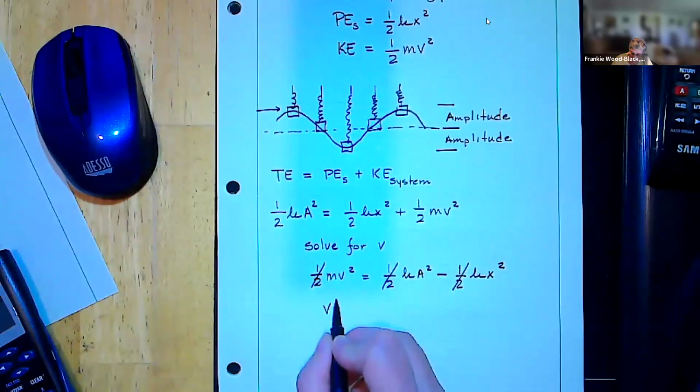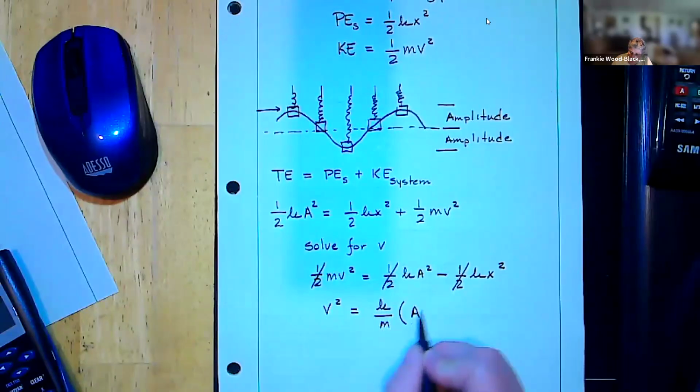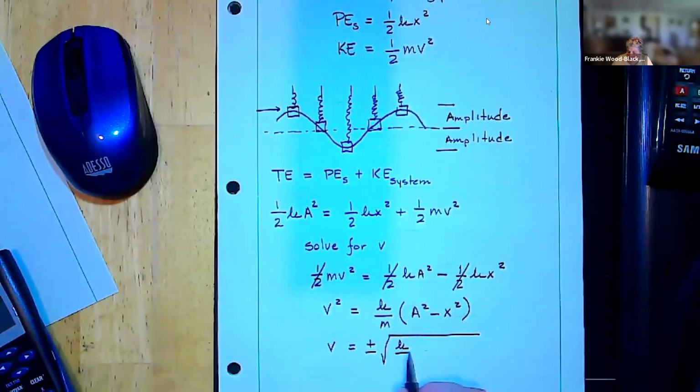I'm going to get v squared is equal to k over m times a squared minus x squared. And if I go ahead and do the square root, I'm going to get plus or minus the square root of k over m times a squared minus x squared.